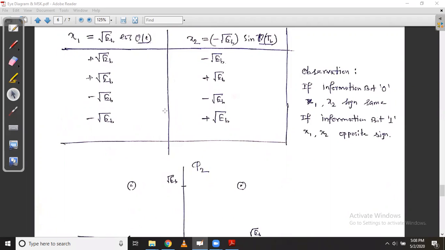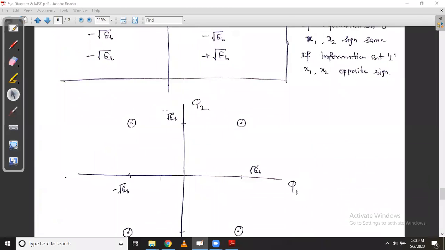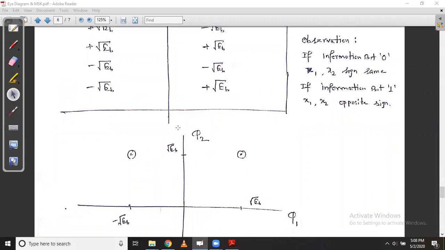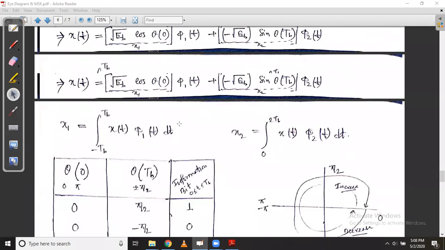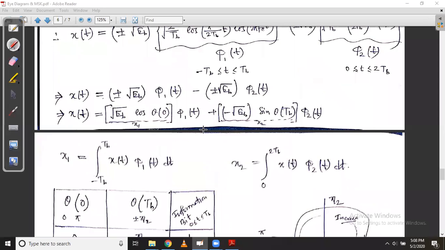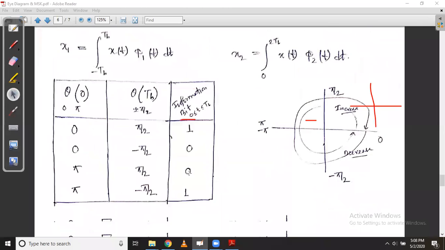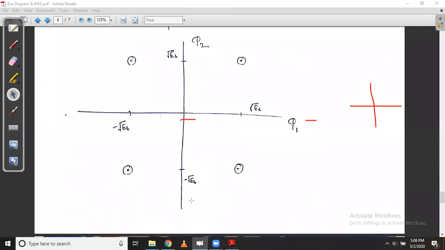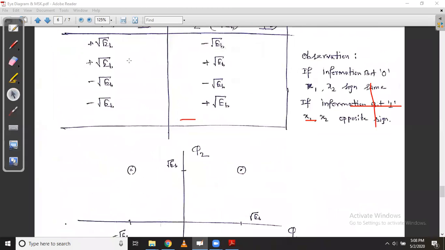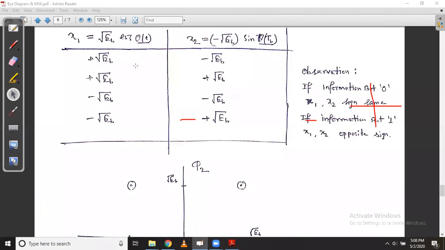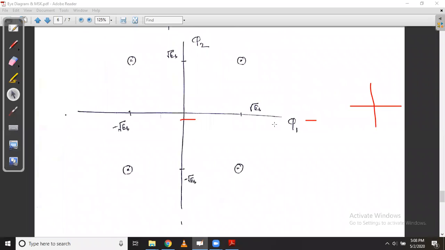After this, what we are going to do is get the constellation diagram. How? First of all, to draw the constellation diagram, I told you that you have to write down phi 1 and phi 2. Two axes you have to draw, one is phi 1, one is phi 2. Then some values x1, x2, plus minus.